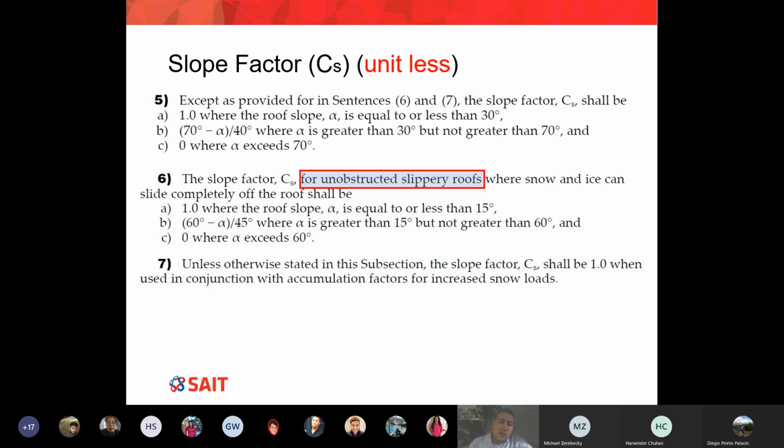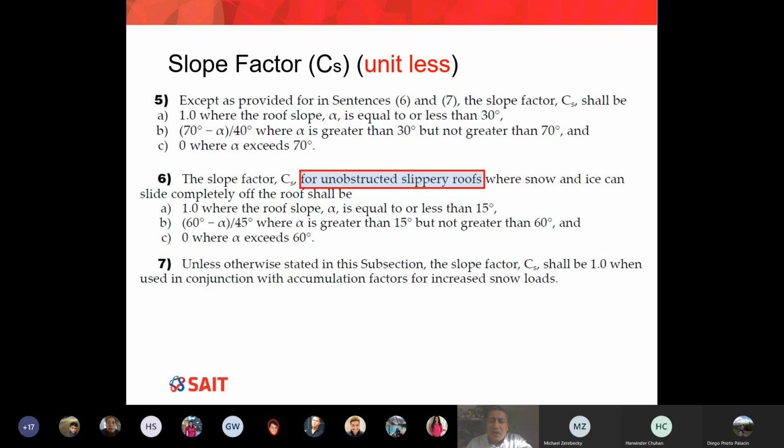Now, since we finished reading 6 and 7, let's go back to number 5, which is kind of a copy and paste from number 6. However, we changed the equation a little bit. So in number 5, it means if you have a rough surface, which is not really slippery, in this case you have to see, depending on the angle of the roof, whether it falls in either A or B or C. If your angle is more than 70 degrees, so that's a very, very high pitch angle.